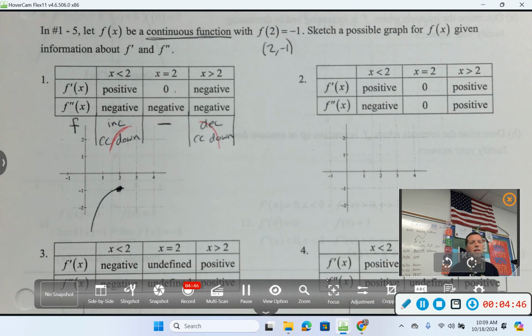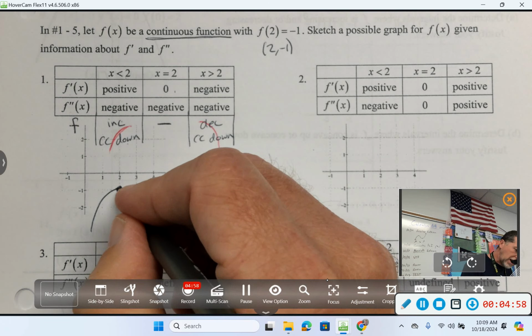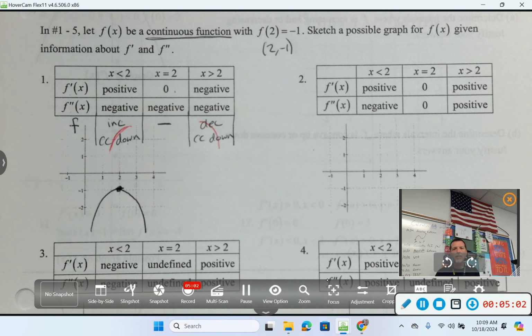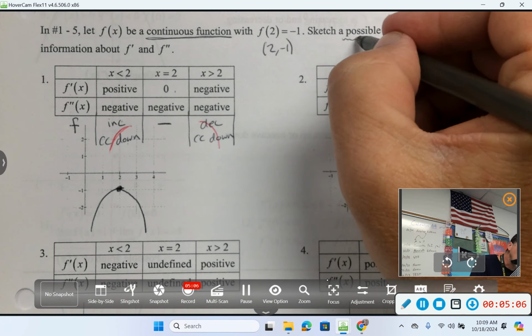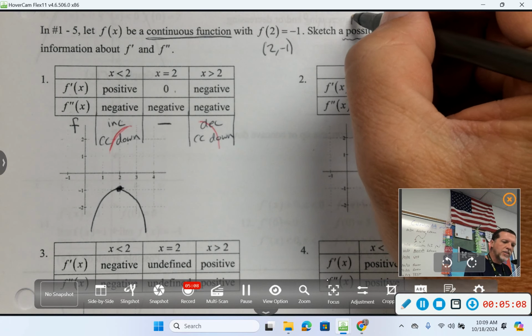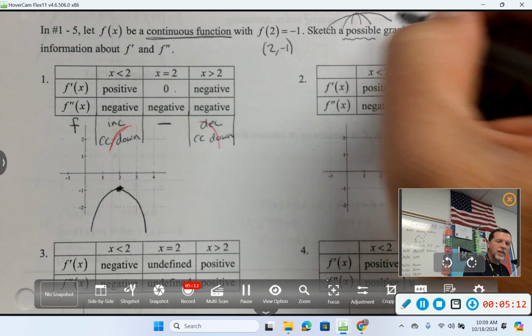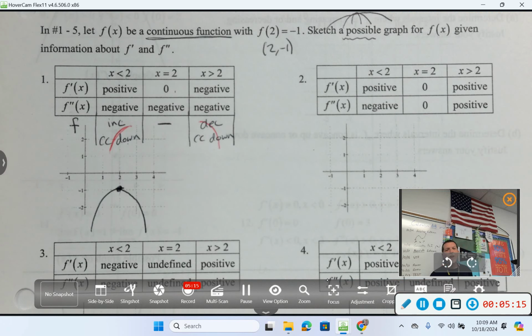Something like that. At 2, we're at a flat spot. And then past 2, we're going to decrease and remain concave down. Something like that. And it says possible graph because for this assignment, there's not a whole lot of difference between how wide or narrow your graph is.